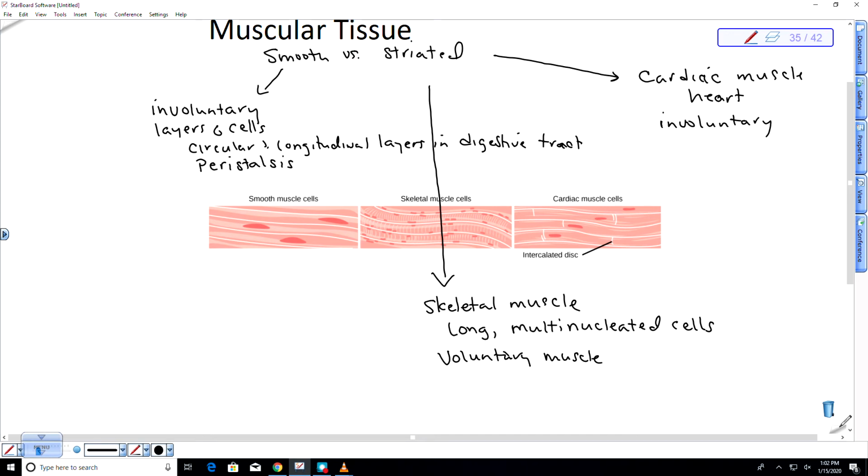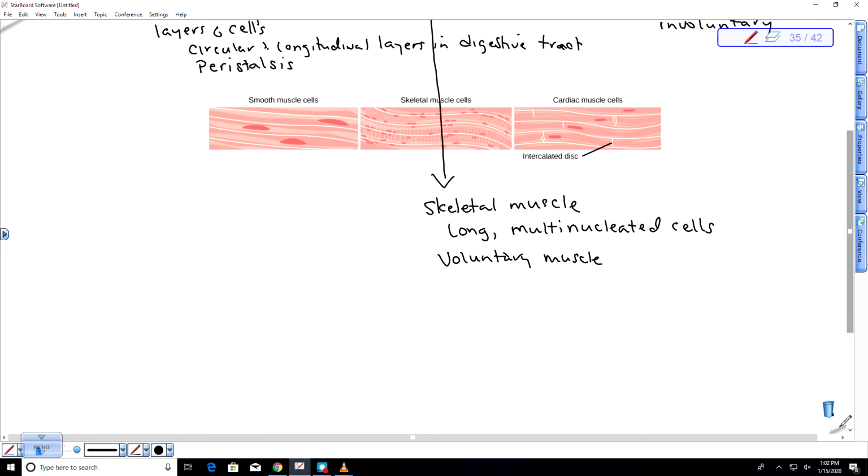So muscular tissue is able to contract because of proteins found in it. So the ability to contract is due to proteins. Does anybody know what two proteins are specifically involved in the shortening of muscle cells?